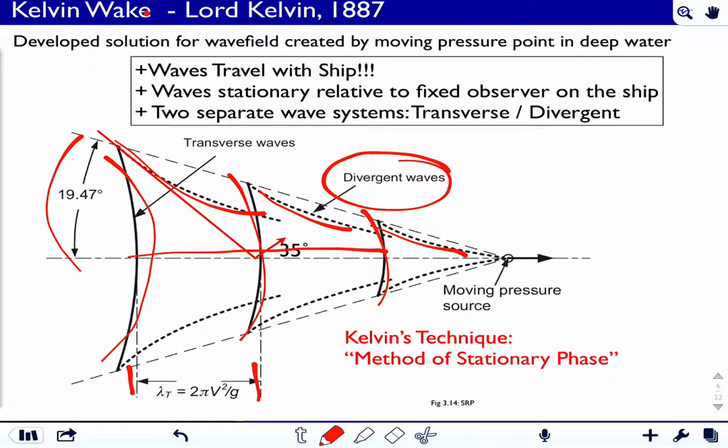Kelvin was the first person to come up with a solution. I've put a link up on my courses with a little more information about his method of stationary phase. The Newman book in the library I put on reserve. He goes through the entire solution, following what Kelvin did, basically taking a moving pressure source and the deep water dispersion wave relation to develop the solution for this wave train.